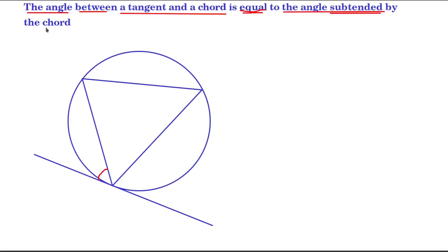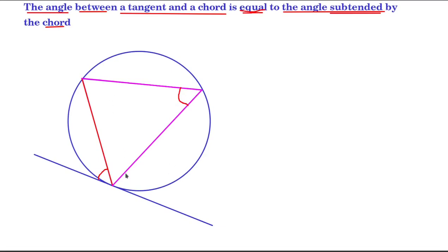So where is the chord now? This is the chord. What angle is arising from this chord? It's definitely this angle here. So we are saying the angle between tangent and chord is equal to the angle subtended by the chord.